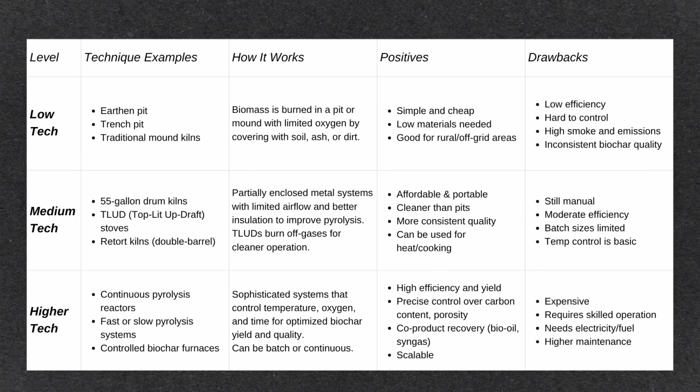With the higher tech, you have continuous pyrolysis reactors. You have fast or slow pyrolysis systems and controlled biochar furnaces. These are very highly engineered systems that control the temperature, oxygen, and time for optimized biochar yield and quality. I was working with one of these systems at a very small scale, high tech.